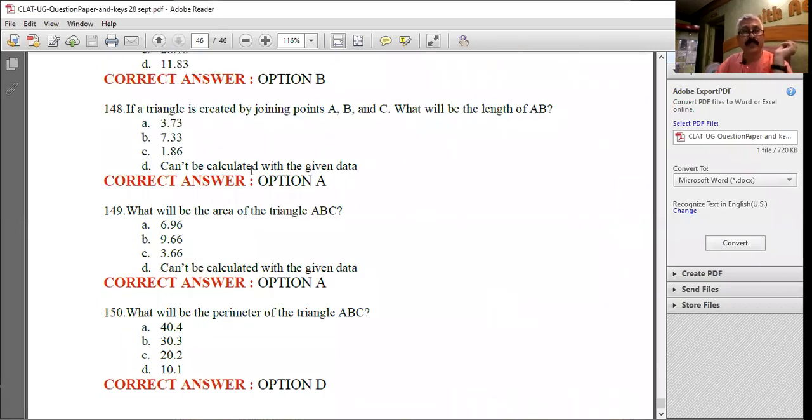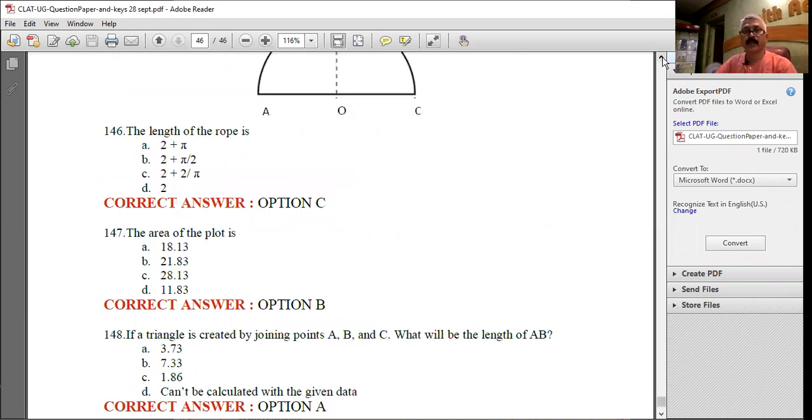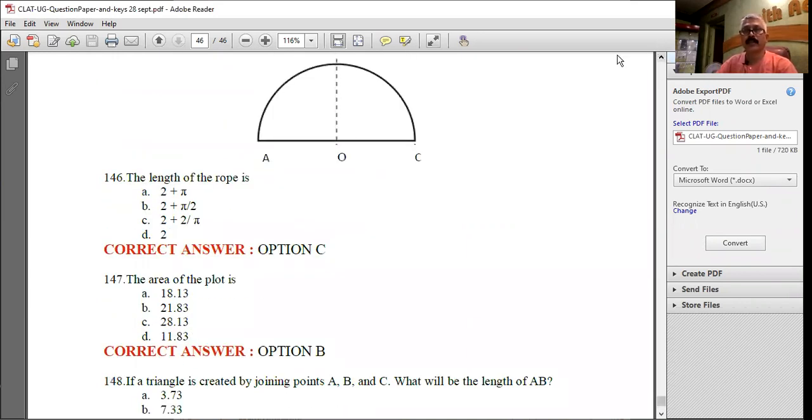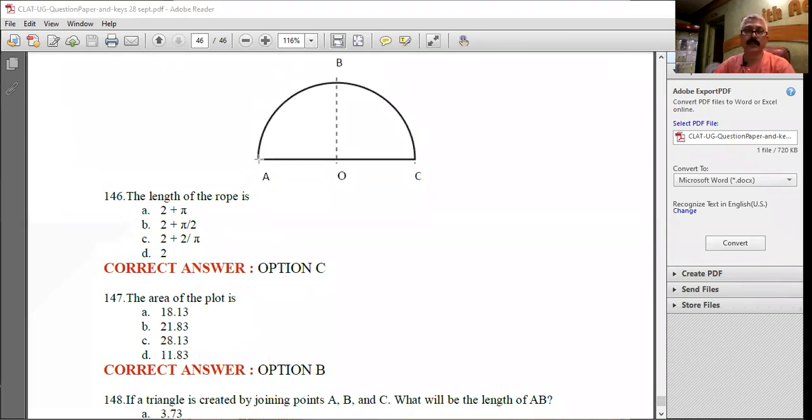In question number 148, if a triangle is created by joining points ABC, what will be the length of AB? So look here. Here, AB is to be found out, correct? Now see, it is R, it is R. So AB is what? AB is root of R square plus R square, correct?